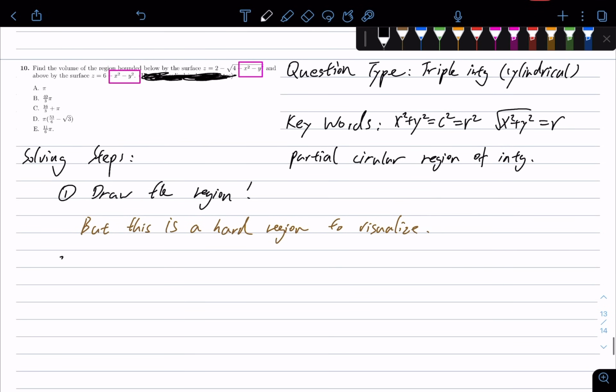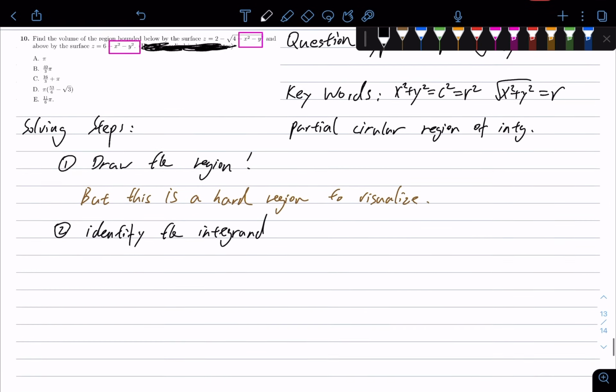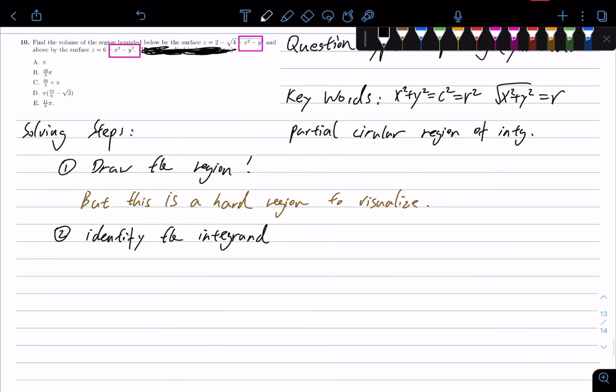Sorry, identify the integrand, the thing that you're trying to integrate. Does it give you an integrand? Well, they actually don't, but there is a keyword in the question prompt that tells you what the integrand is.